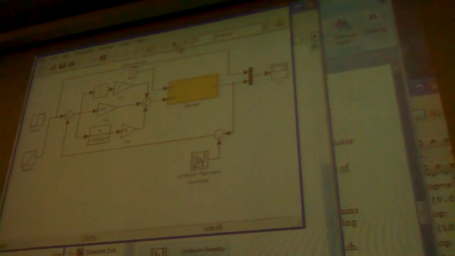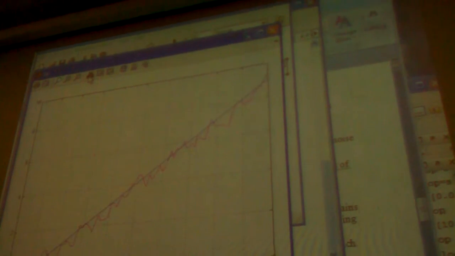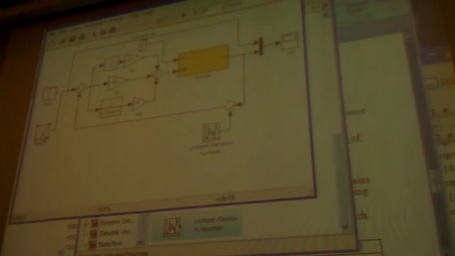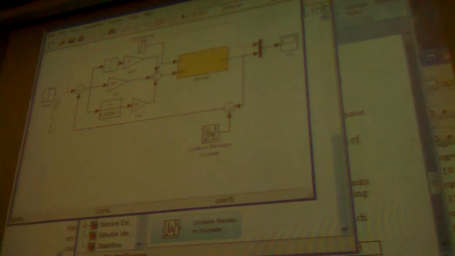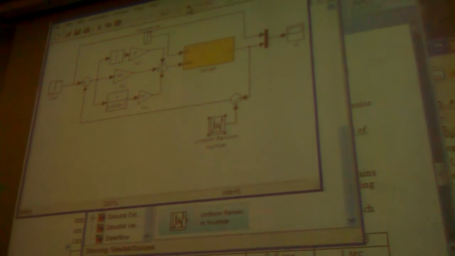If you run this one, actually I didn't set it up. Let's go to set again, and make this plus minus 5, so it will be 0.05, 5%. Sampling time is 0.001. Let's run this one.